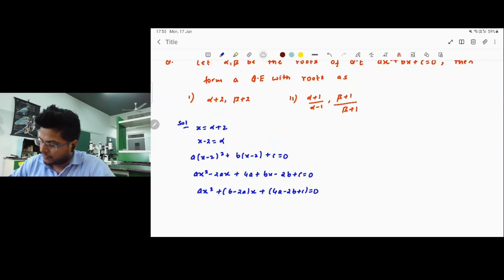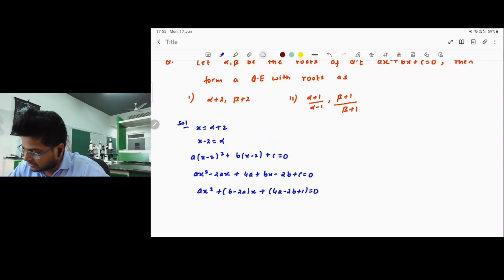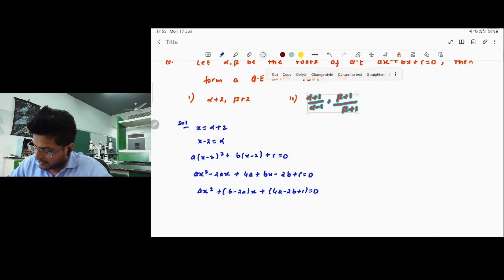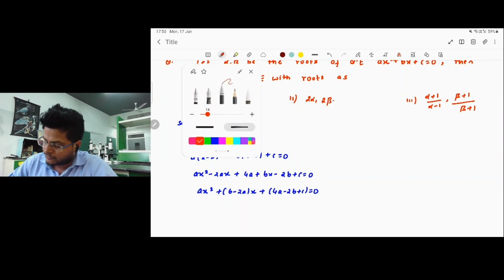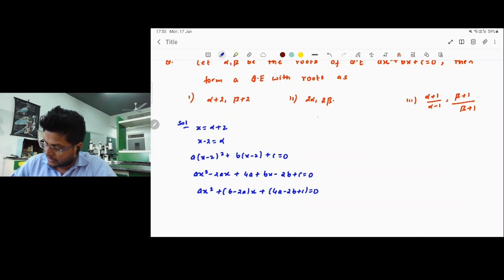In case we want, we can do some more questions. I would say easy questions compared to this. We'll do one thing. Let's make this the third question. And let's say the second question is whose roots are 2 alpha, 2 beta, just for practice. Okay. So what we'll be doing is, you will write again x equals 2 alpha.